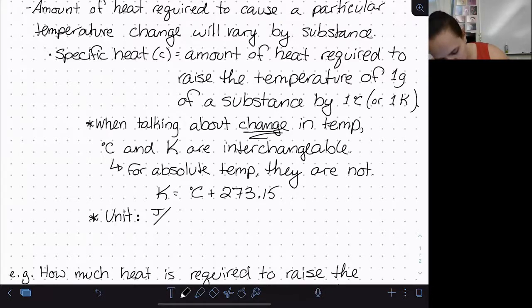So you will see the units on specific heat described as joules per gram degree Celsius or joules per gram Kelvin. The J stands for joule, which is the SI unit of energy.